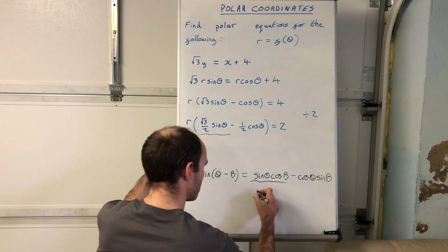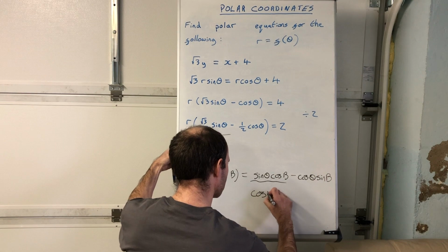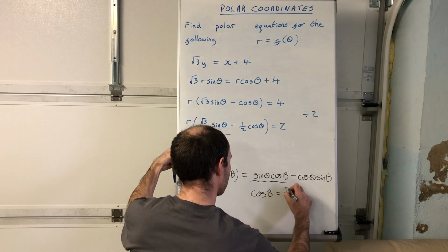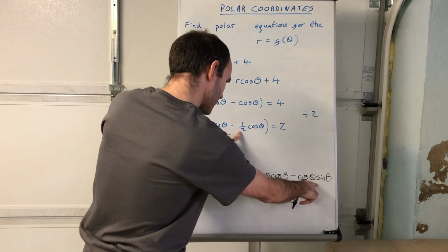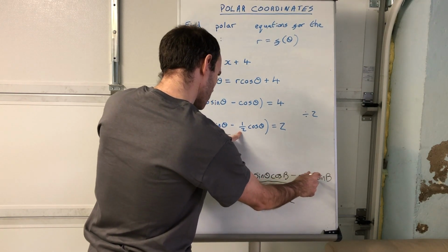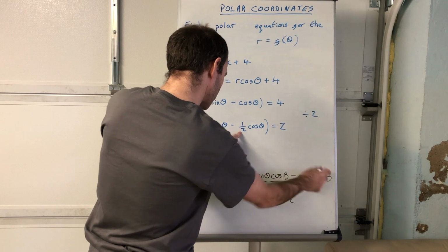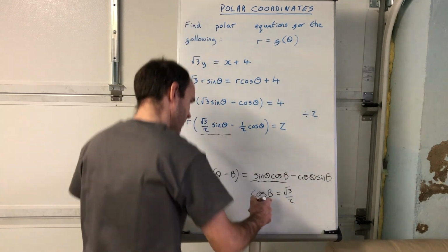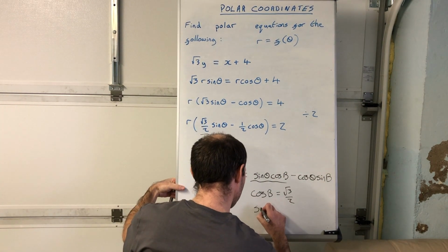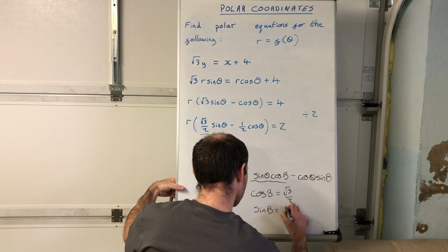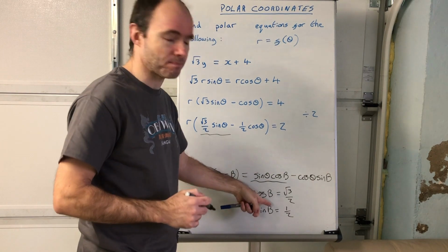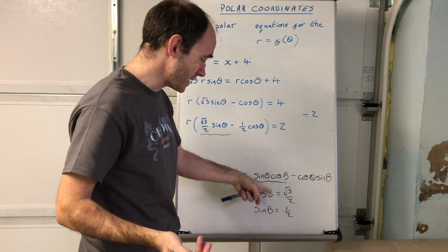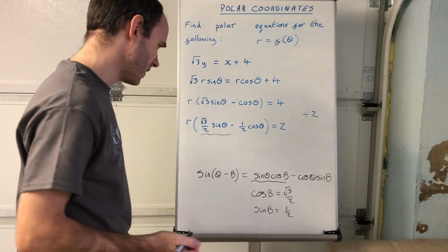So that means we must have cos B is equal to root 3 over 2. And the other term, that there, is going to be equal to this. So it must be that sine B, they're both negative, sine B is 1/2. Okay, so sine B is equal to 1/2. And as long as we can find an angle B that satisfies both of those, then we've done it. Okay.